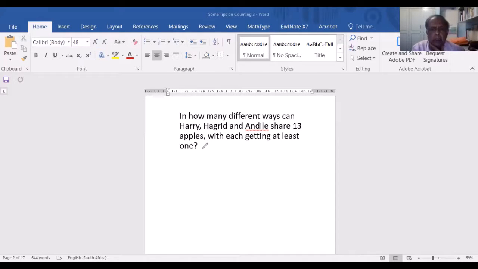See, so there are many ways. The idea is we need to see how can we write 13. Essentially, how can we write 13 as a sum of 3 numbers?